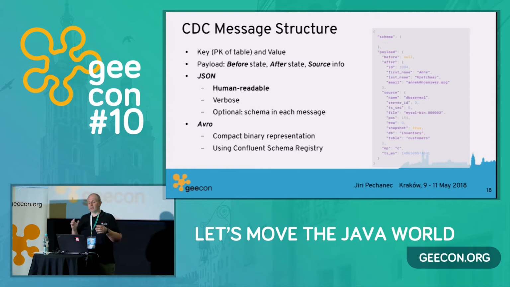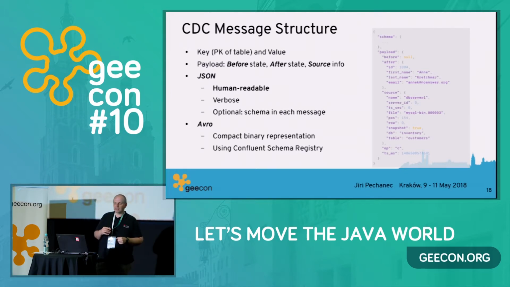So you can have either plain JSON or, as we can see in the example, one that contains the schema in the first part and then the payload.